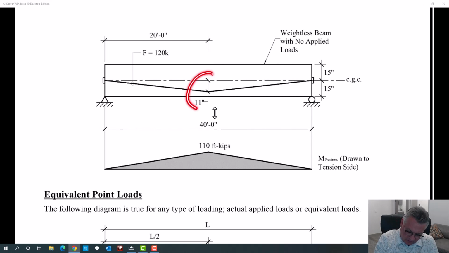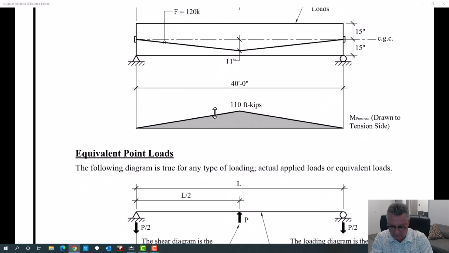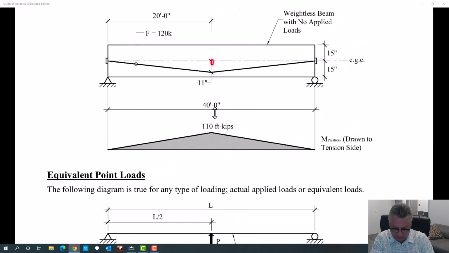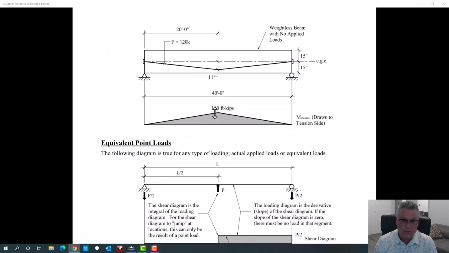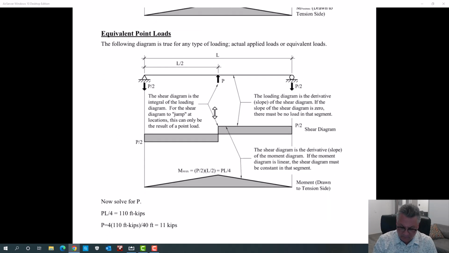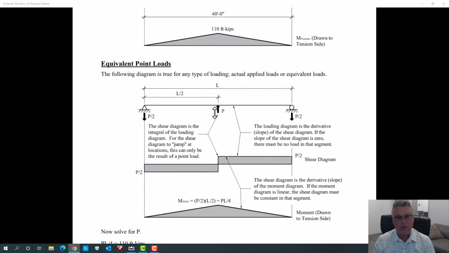The eccentricity is 11 inches here, so that force of 120 kips times 11 inches divided by 12 is 110 foot kips at that location. So we can draw the primary pre-stress moment diagram right off the bat. All we need to know is what the force is in the tendons and where the tendon CGS is relative to the concrete CGC. That's what this diagram is. Very easy, and many people might think, well, that's all you need.